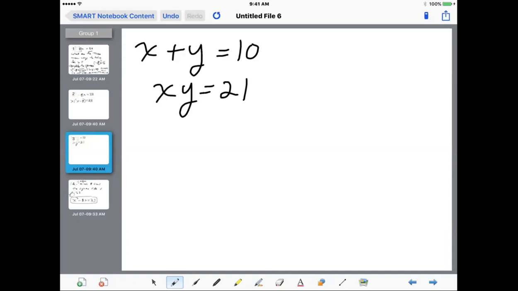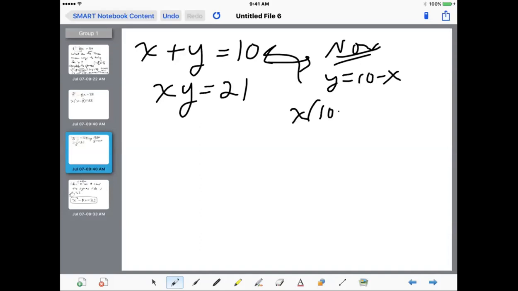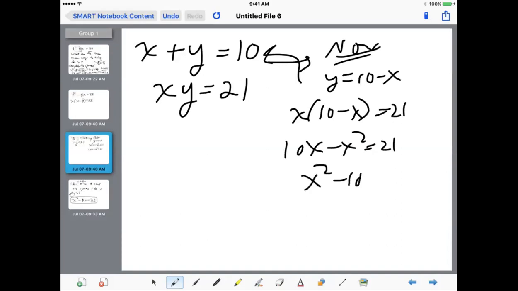Now, nowadays, the official way of solving this question would be to replace y with 10 minus x, and then use substitution. x times (10 minus x) equals 21. 10x minus x squared equals 21. x squared minus 10x plus 21 equals 0.